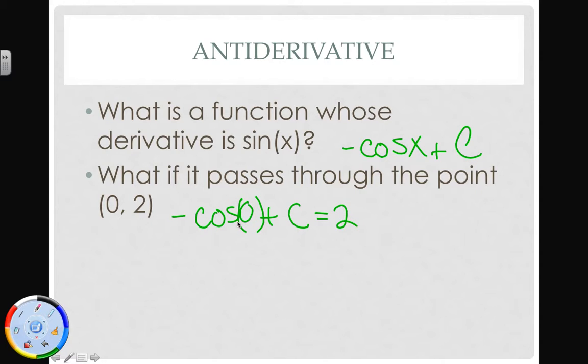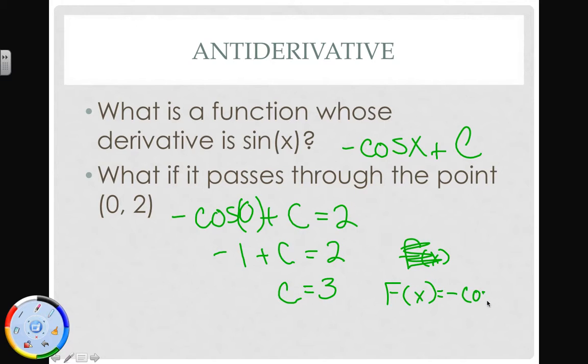Well, cosine of 0 is 1, but it's negative, so it's negative 1, plus c is 2, and that gives me c is 3. This is super nice for us because that means the antiderivative of sine of x that goes through the point (0, 2) is the function, let's call it big F of x, like the definition was, negative cosine of x plus 3. So the original function, the antiderivative, was negative cosine of x plus 3.